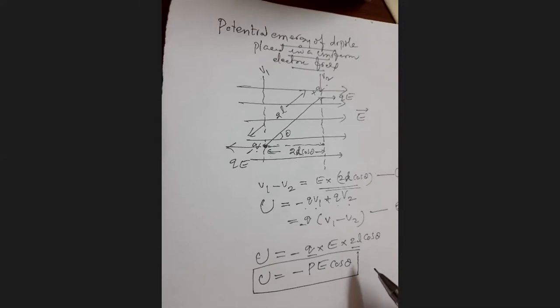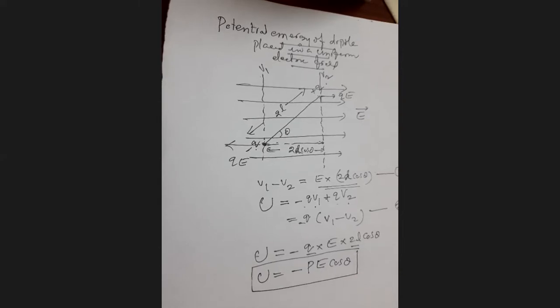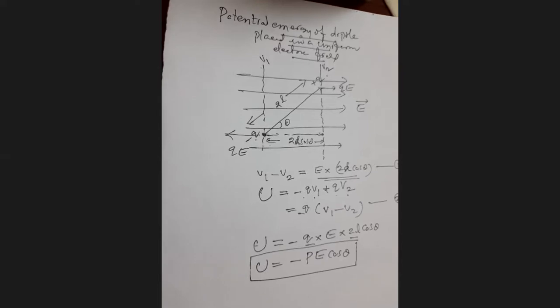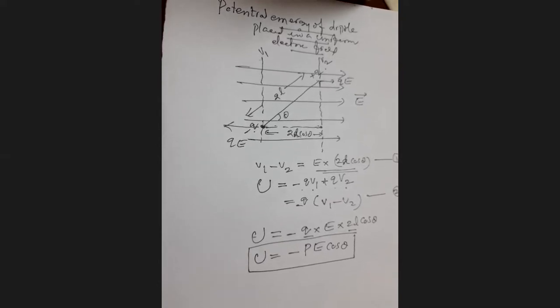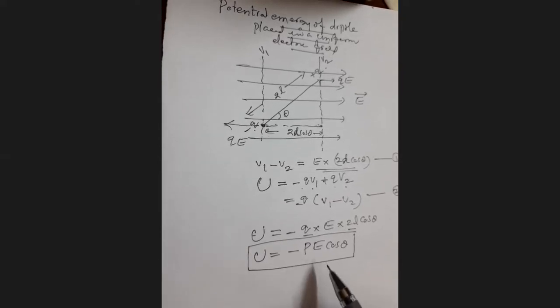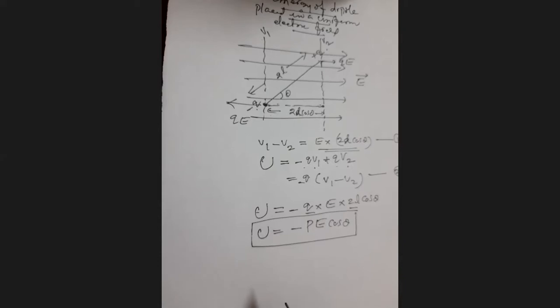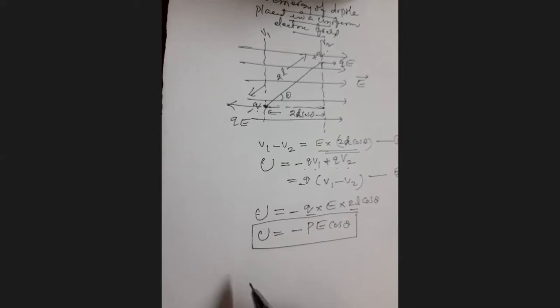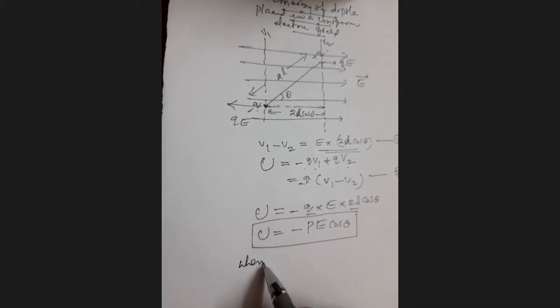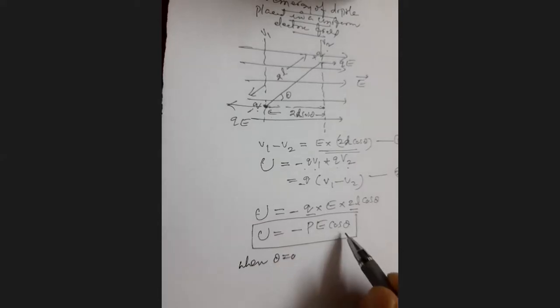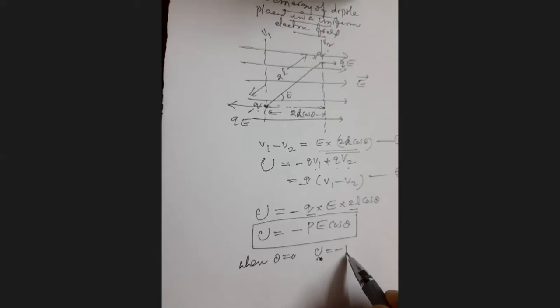The potential energy, or interaction energy, of the dipole kept in a uniform electric field of strength E is given by U equals minus P E cos theta. From this we can extend our discussion: when theta is equal to 0 degrees, cos 0 equals 1, then U equals minus PE.